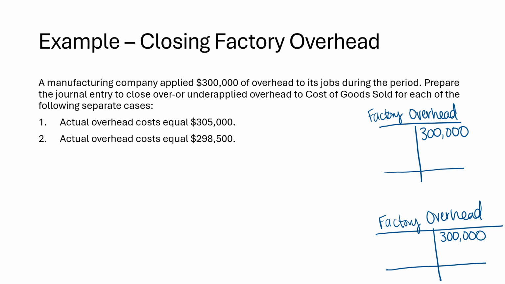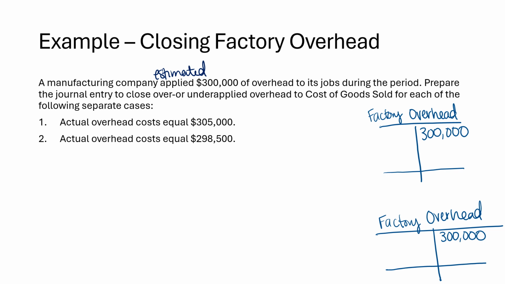So here's an example to hopefully help you understand that a little bit better. And you might have to rewatch this part of the lecture to help it sink in a little bit. But here's how you would do this. A manufacturing company applied, and anytime you see applied, that means estimated, $300,000 of overhead to its jobs during the period.